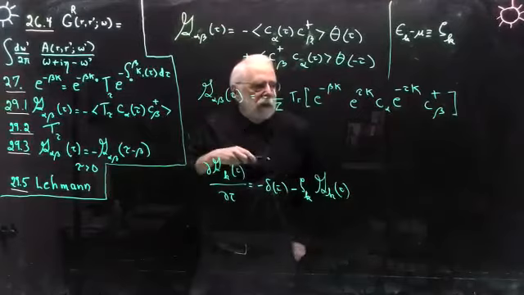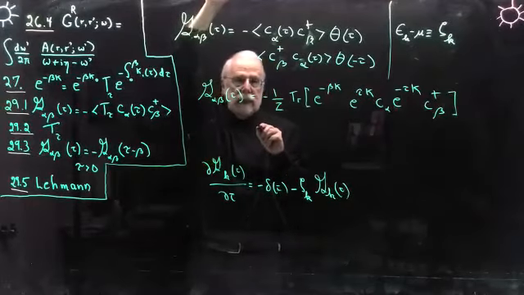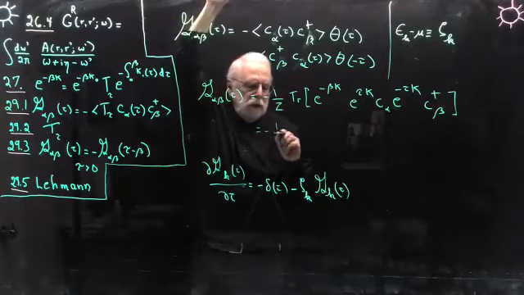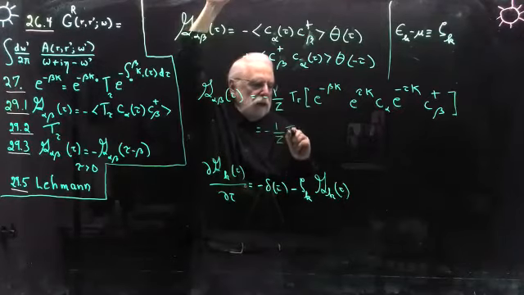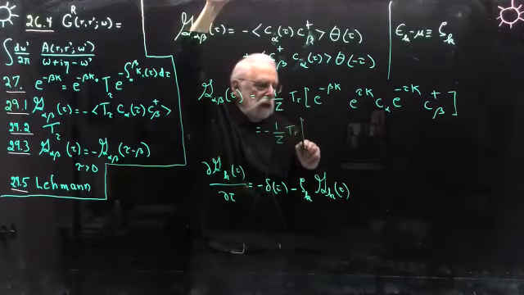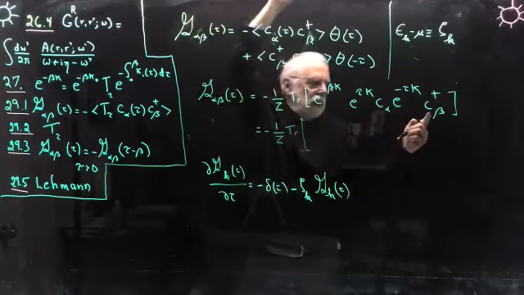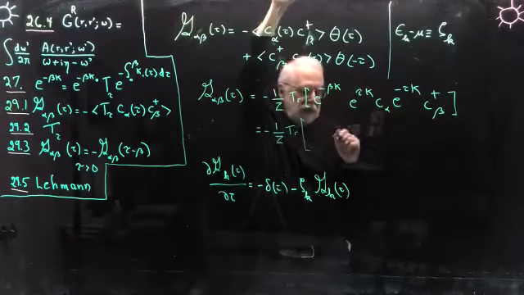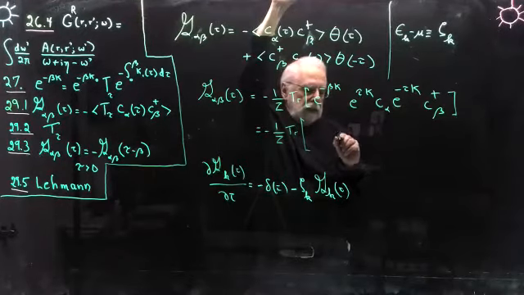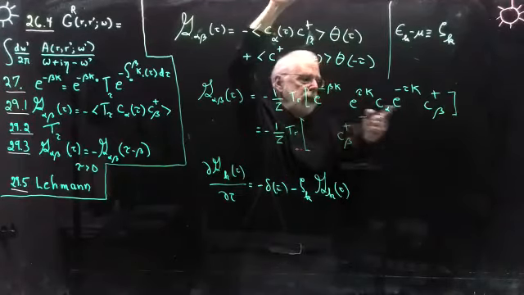So it means that this is equal to minus 1 over Z times the trace of, now let me put this completely to the left, so I will write this as c dagger beta, and then I keep the rest.